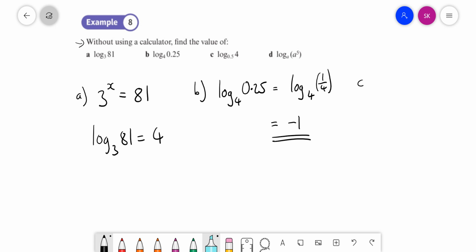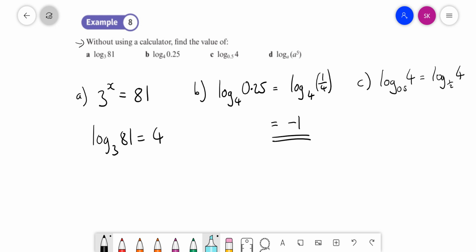For C, we're asked to find log of 4 with base 0.5. And again, I'm going to write the 0.5 as a fraction because I'm more comfortable doing powers with fractions. So it's log of 4 with base a half.